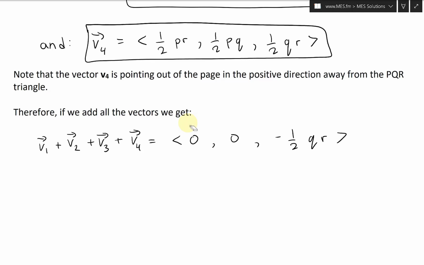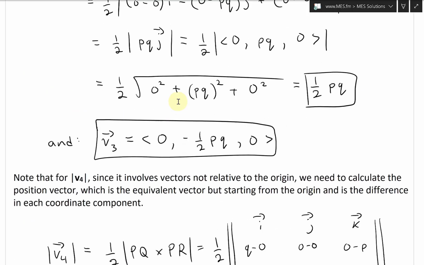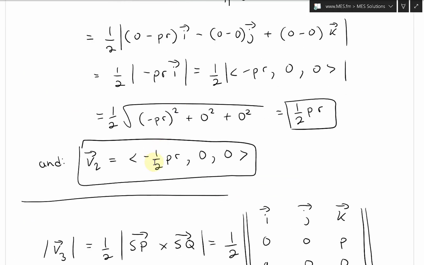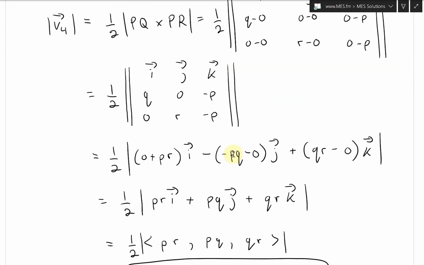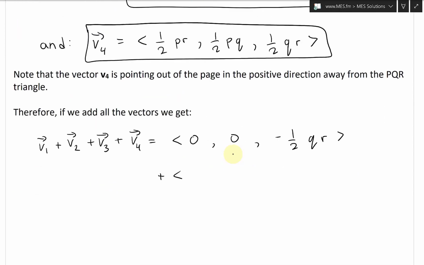And then we're adding V2, which is negative 1/2 pr, 0, 0, like this.